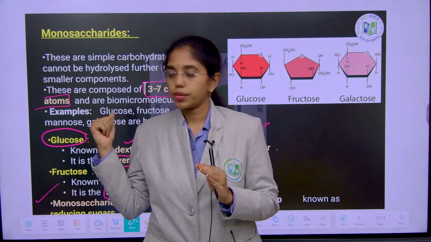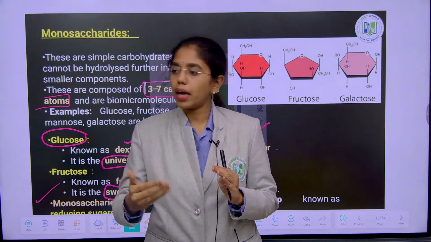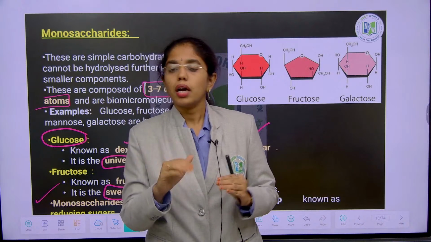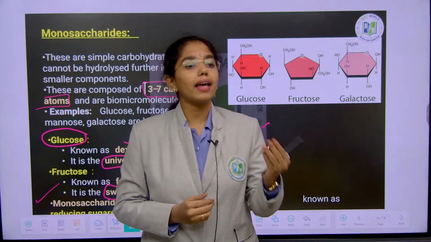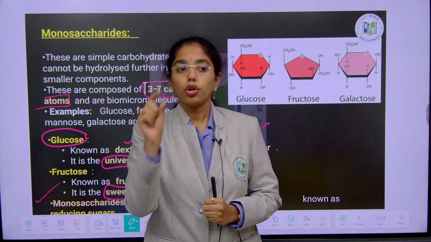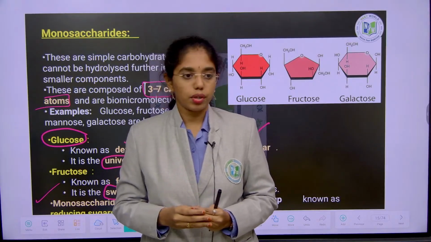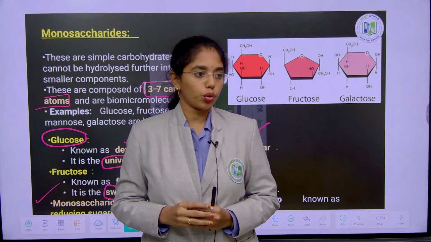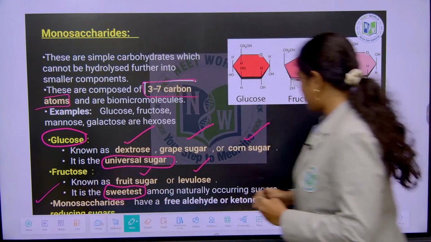Reducing sugars. So in simple terms, we have learned from our secondary level, okay, that reducing sugars are what? The sugars which have free aldehyde and ketone group. Why are they having free aldehyde and ketone group? To form a bond, glycosidic bond, and they get reduced, right. Non-reducing sugars don't have a free aldehyde and ketone group.